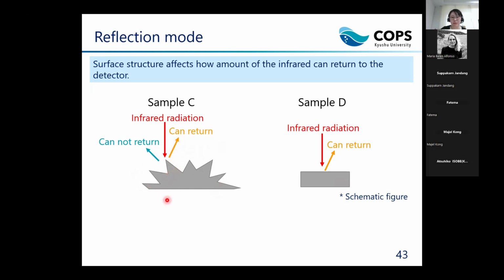In the case of the left figure, with a rough surface particle, even if we try to radiate the infrared, some of the infrared can go elsewhere and cannot return to the detector. So it means the infrared signal decreases, and it leaves low correlation coefficients when you compare the sample and your library data.